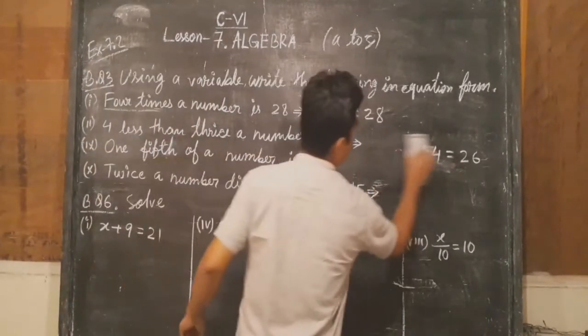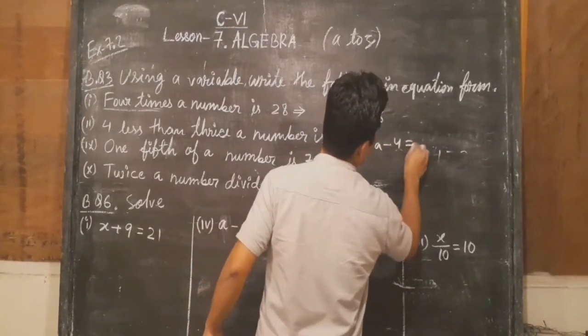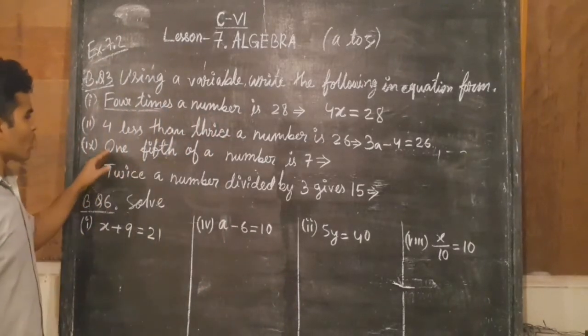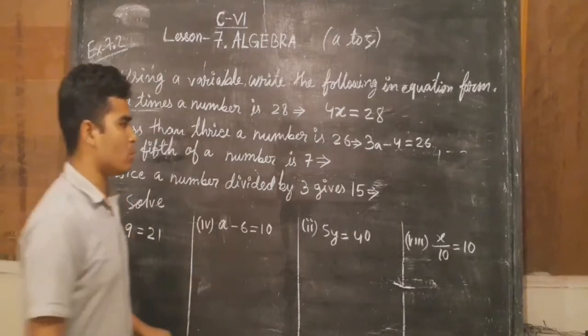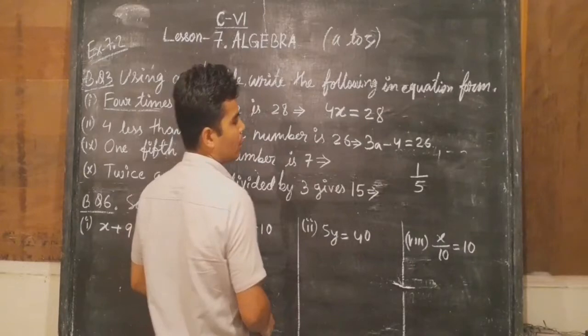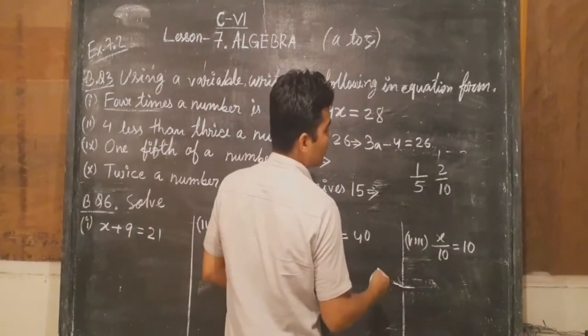So our equation is 3a minus 4 is equal to 26. Now let us move to the next question. 1/5 of a number is 7. 1/5 of a number. 1/5 means we know 1 by 5. If it is 2 by 10, 2/10, we can say like this.